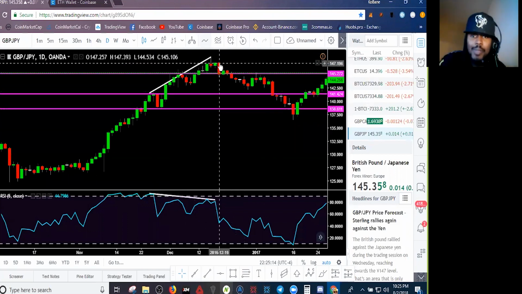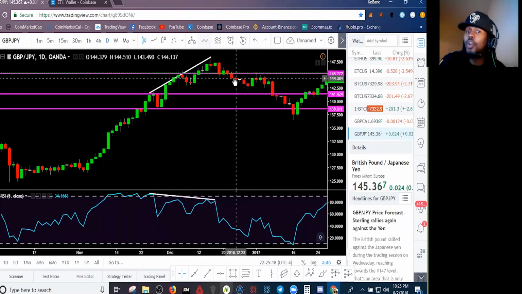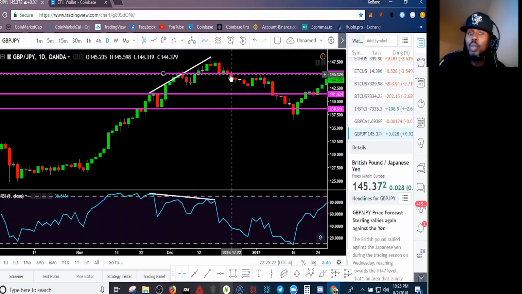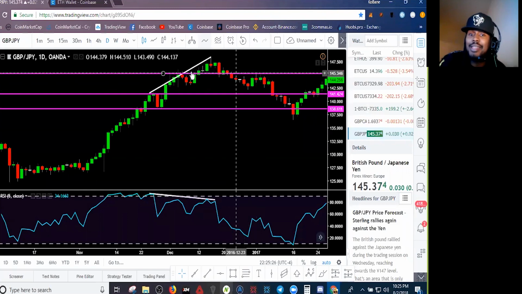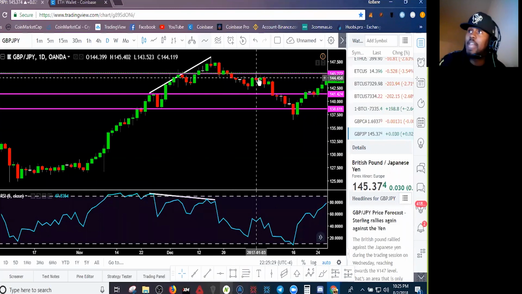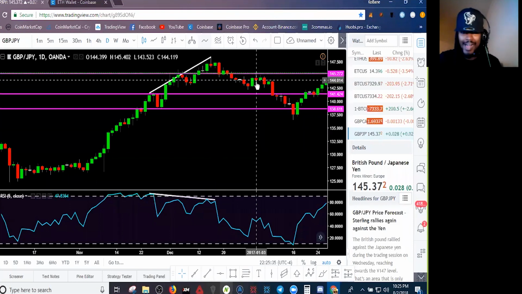But what happens is once this level was broken to the downside, we weren't sure if it was going to be broken, so we didn't take this initial sale. We want to see the market come back up and retest this area. And that's why we always say no retest, no entry, because we want to make sure we're getting in where the market wants to solidify that this is now resistance.